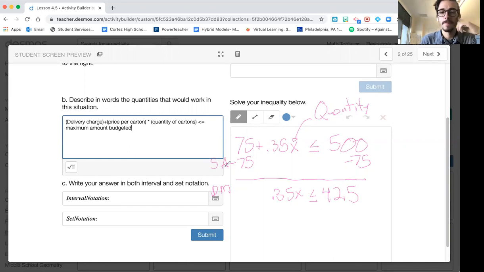What can we do from here? Hopefully you're saying divide by 0.35. Let your calculator take care of this and maybe think out, do we have to switch the sign here?